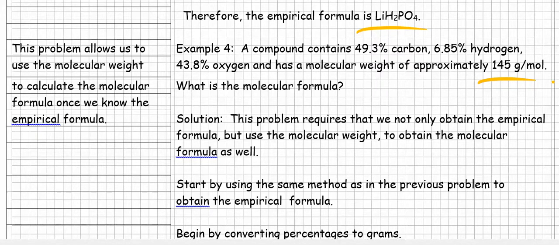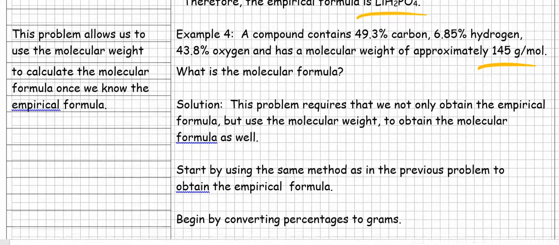And they said, what is the molecular formula now? So I can do more than just find the empirical formula because I've got an additional piece of information. I've now got that molar mass. So this problem requires that we not only obtain the empirical formula, but we use the molecular weight to obtain the molecular formula as well, right? So how do we do it?